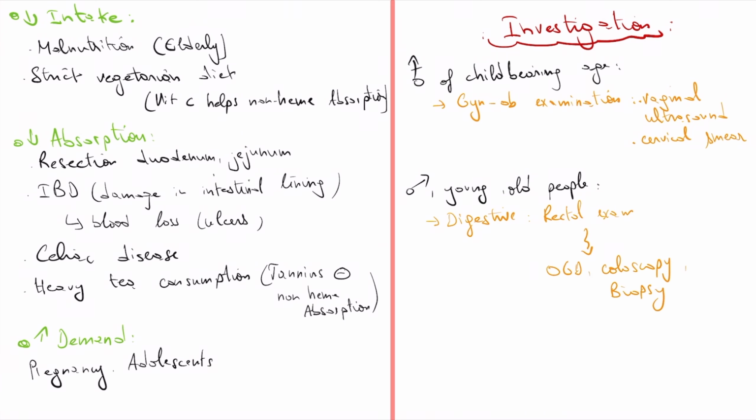Now that you understood the pathophysiology of iron deficiency, symptoms of anemia, what to find in blood tests, the causes, and how to investigate, we're going to finally get into the management. For management, we can have oral iron in the form of ferrous sulfate 100 milligram per day.